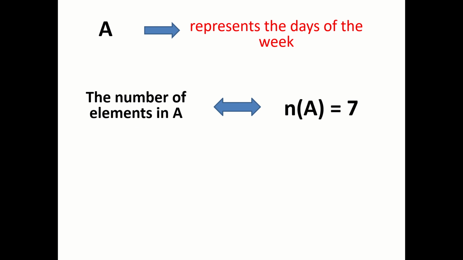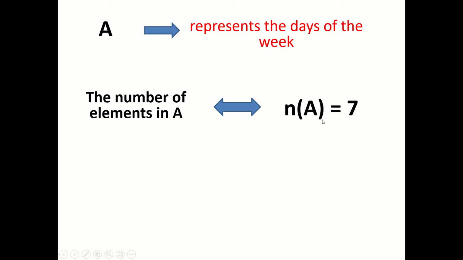So with our answer a while ago, if let's say set A represents the days of the week, that means when someone would ask you what's the number of elements in A, that would be 7. And that can be denoted as n(A).